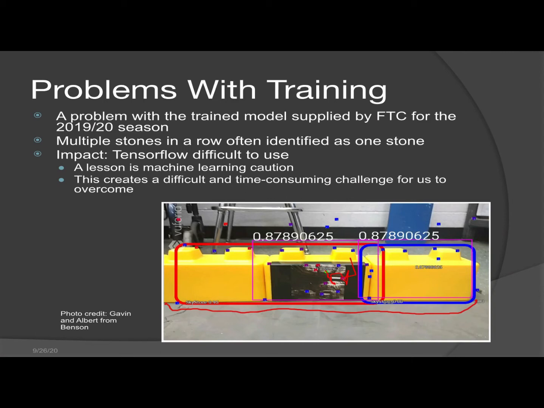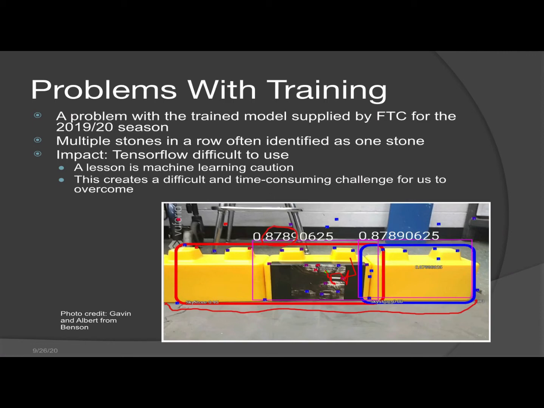And here it sees a plain stone and then a Skystone, but the object detector is telling us that it is a single stone, and it's telling us it is that with an 88% confidence. It's not lying, it's just wrong.